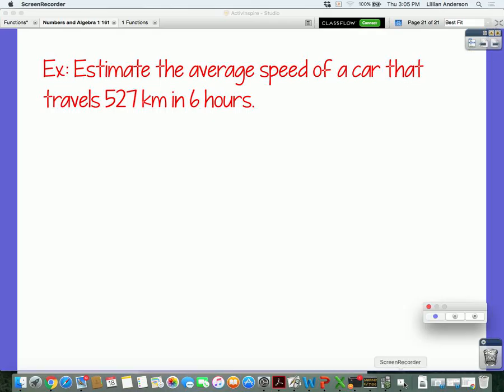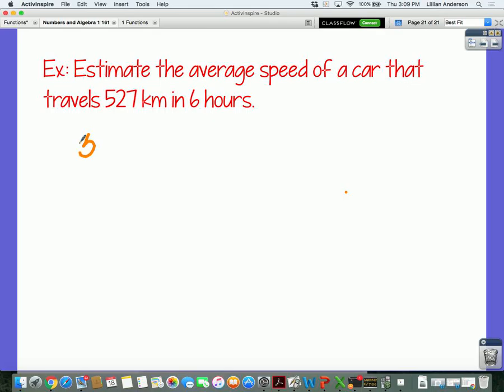I'm quite curious to see if anybody remembers how to do these problems. Did you round to one significant figure for the distance you had to travel? Yes. So you made that 500? And we know that distance equals rate times time. And we're looking for our rate, so this is basically 6R. We solve by just dividing.